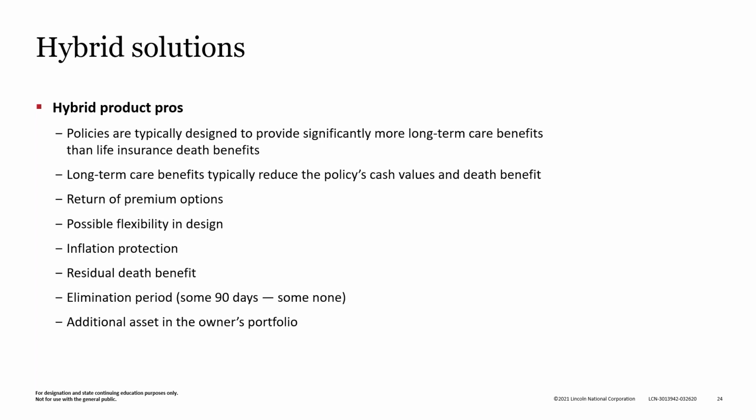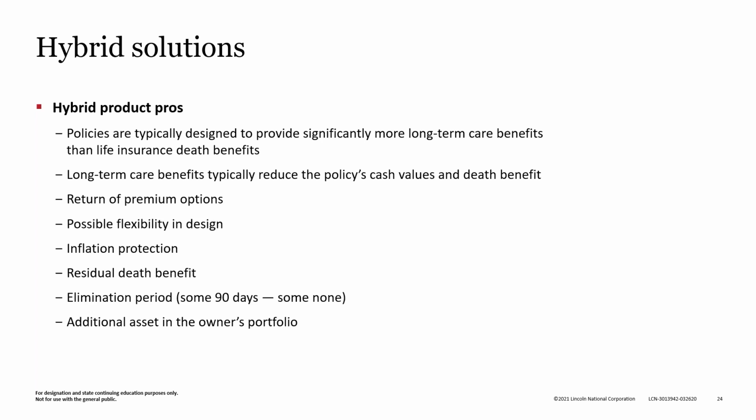So you have a death benefit, let's say it's $100,000, but your long-term care benefit is $500,000. These hybrid products are typically built on either a universal life chassis or a whole life chassis.